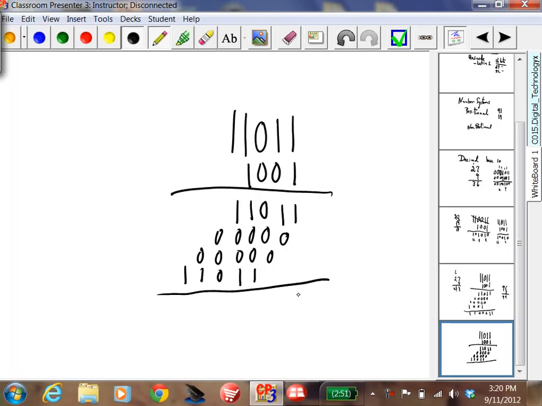Okay. 1, 1, 0. 1 and 1 is 2. 0, carry my 1. That's 3. That's 1 with a carry of 1. 1, 1. Ah, that's looking better. So this is 1 and 2 is 3. Okay. No 4, no 8. So 16, 32, 64, and 128.